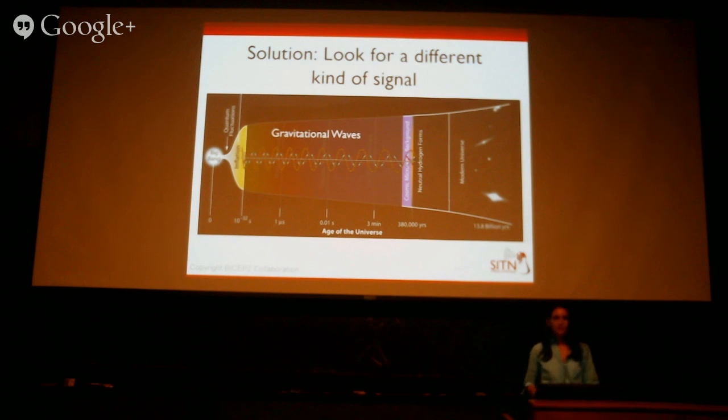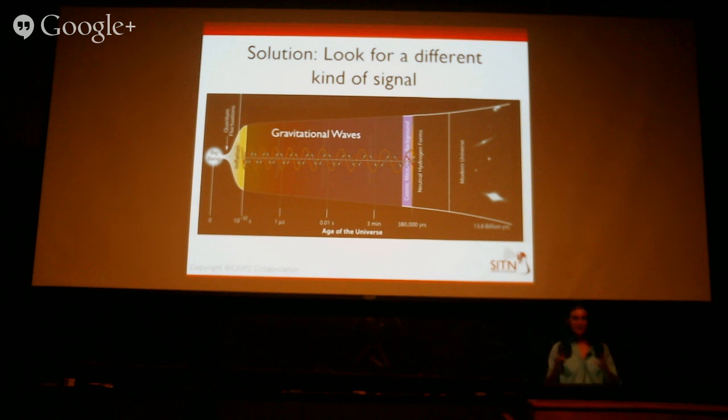So it turns out there's another kind of signal you can look for, and this is going to be our method of illuminating what happened way back here at the beginning of the universe. These are called gravitational waves. You can think of them as ripples that got set off when the universe expanded very suddenly. It's like when you throw a rock into a pool of water and there are ripples that propagate outward.